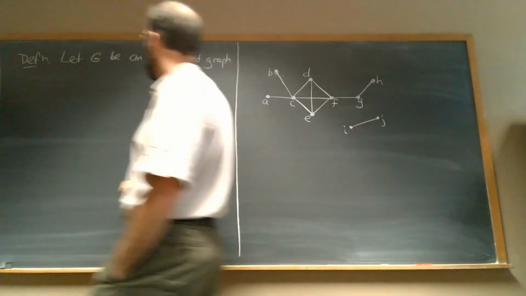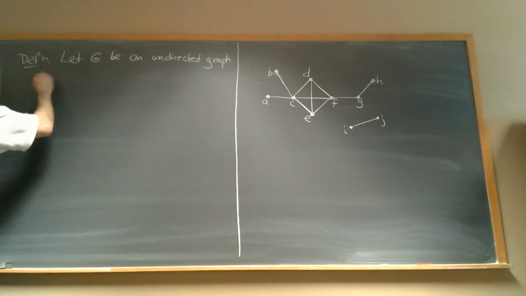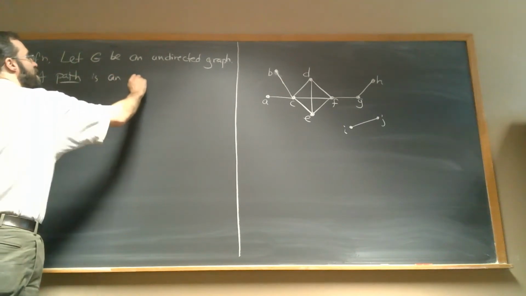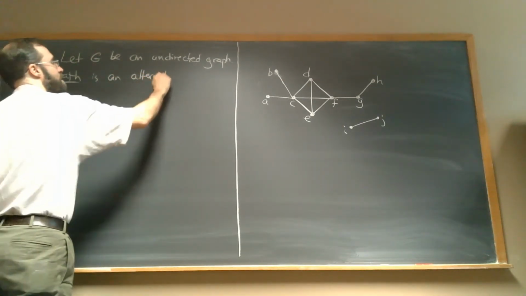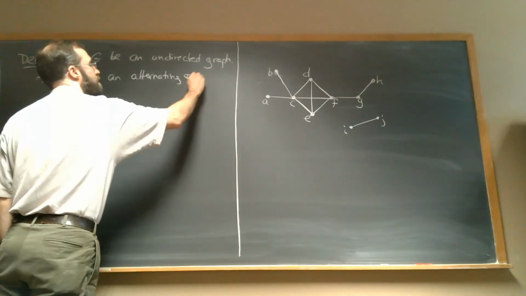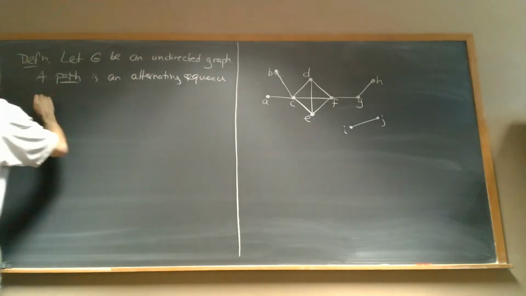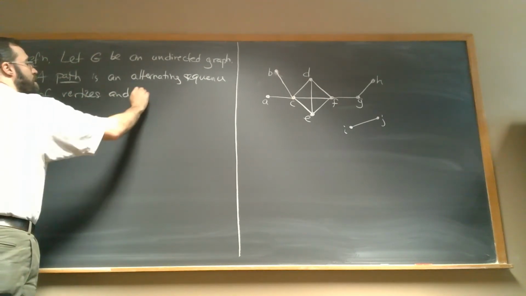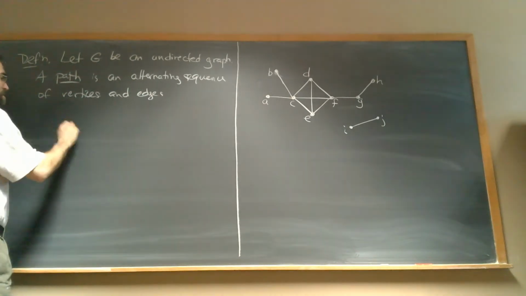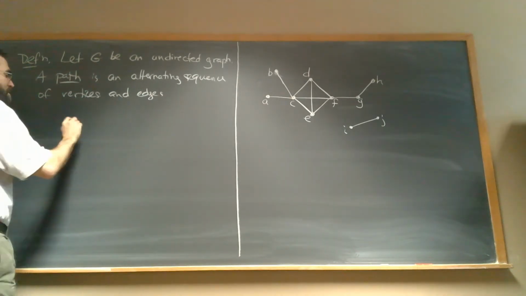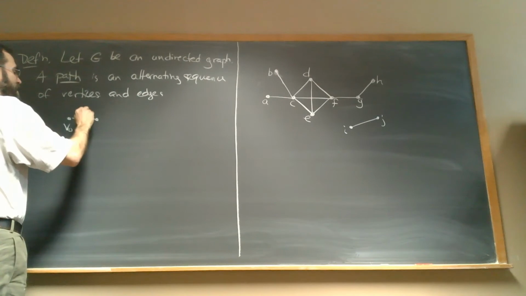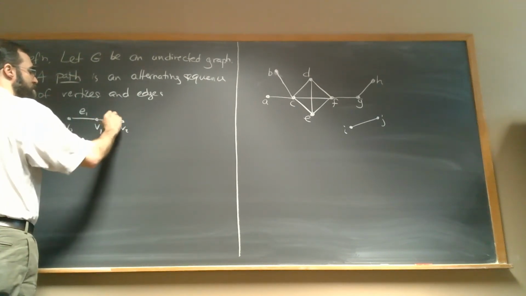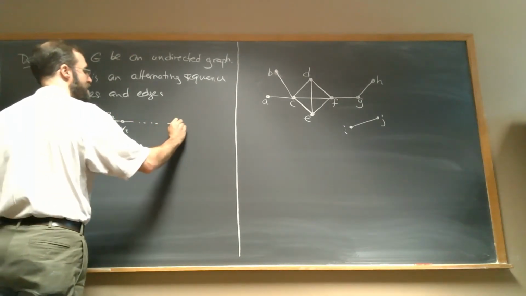Okay, so if we have an undirected graph, a path is an alternating sequence of vertices and edges. I'll just draw a picture of it. We start with some vertex 0, and then we have an edge 1 and a vertex 1, and then edge 2 and vertex 2, dot dot dot.